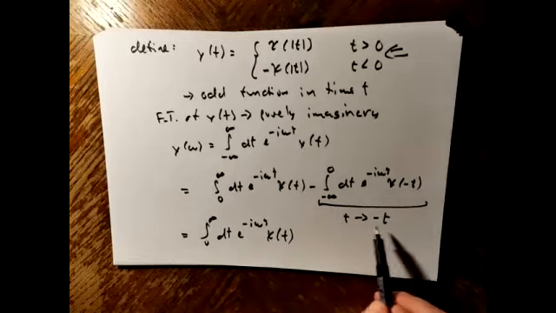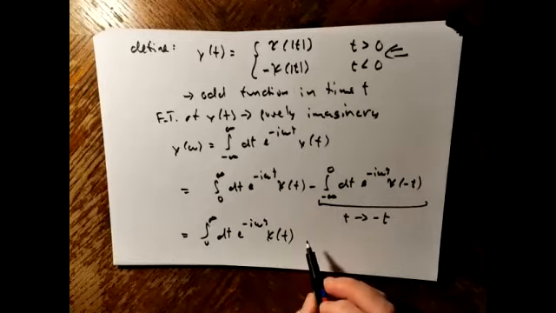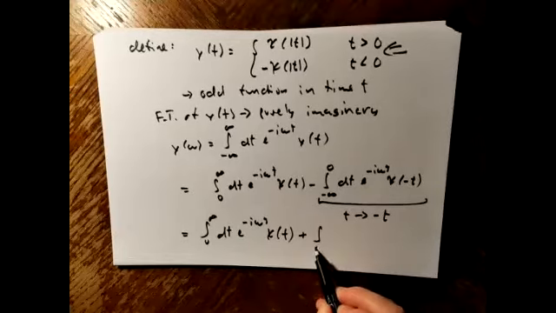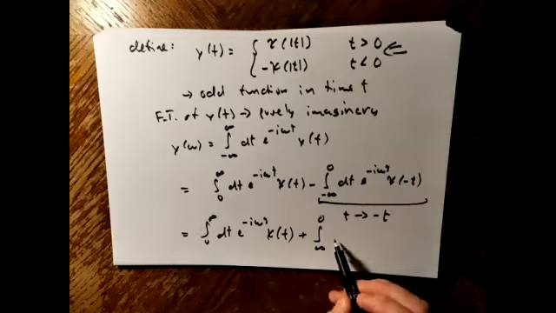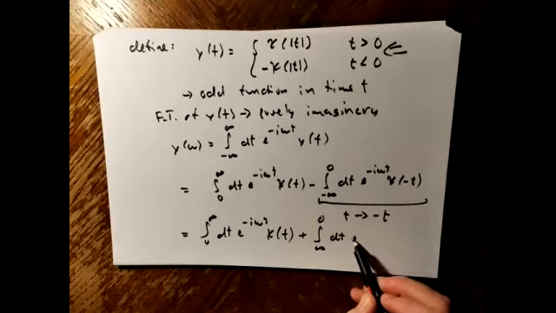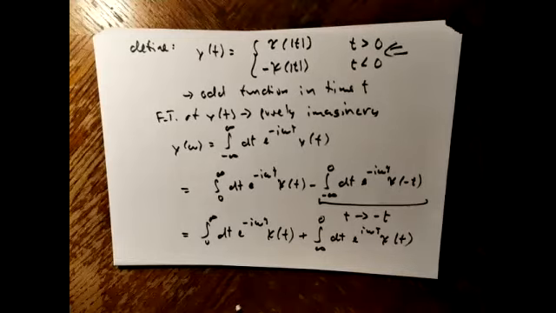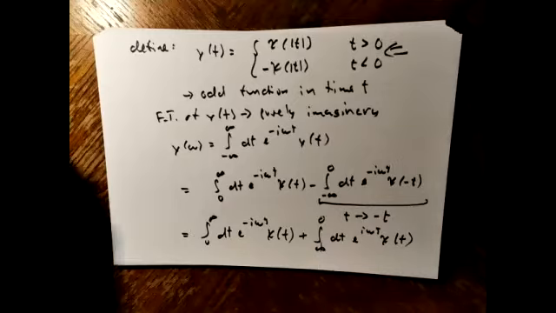Okay, and when I send t to minus t, I'm going to have, because of this, that this is going to be a plus, this is going to be infinity to 0, dt e to the I omega t chi of t, okay? But I'm going to switch this in order to make it consistent with this one. So I'm going to switch the limits here.